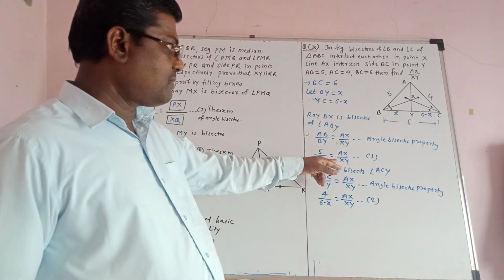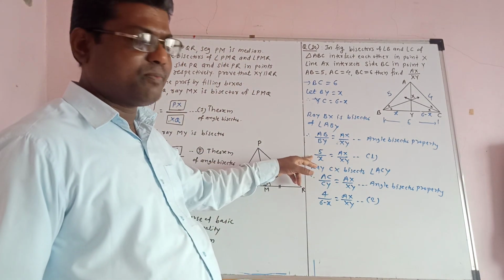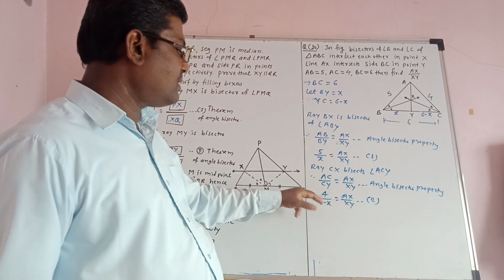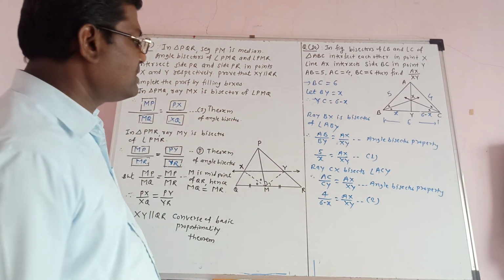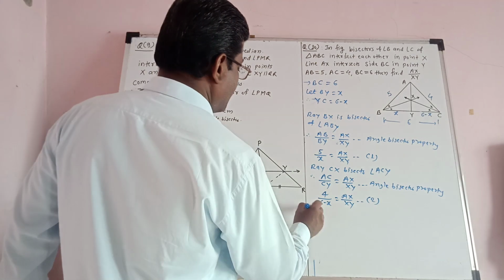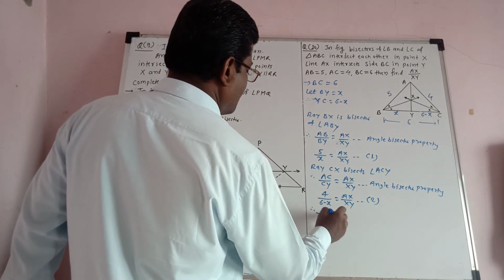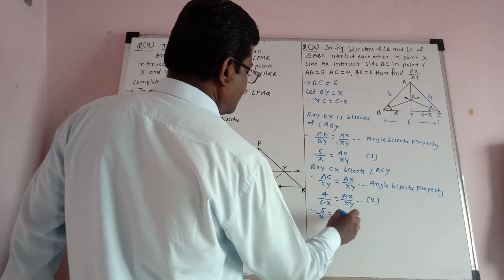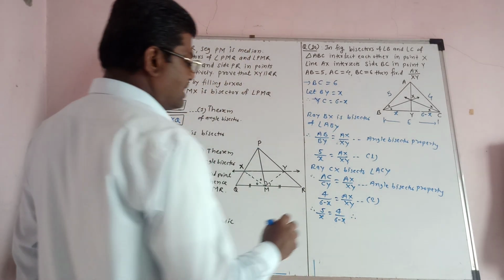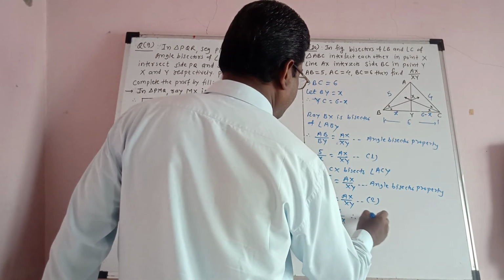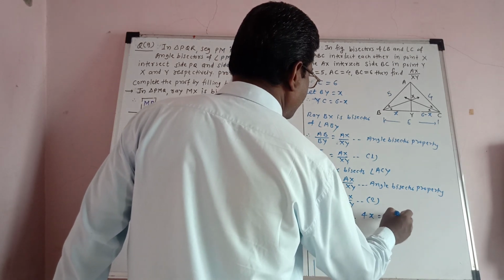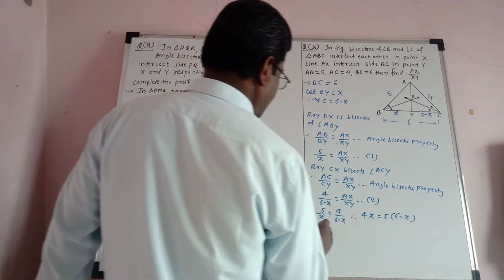Now AX upon XY is equal to 5 upon x and AX upon XY is equal to 4 upon 6 minus x. Therefore 5 upon x is equal to 4 upon 6 minus x. Therefore cross multiplication: 4x is equal to 5 into bracket 6 minus x.